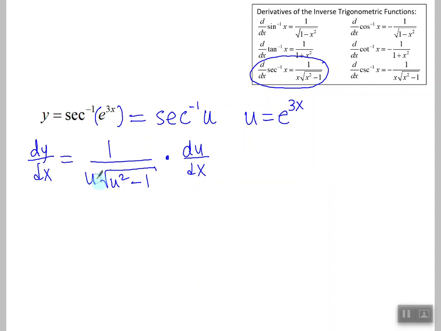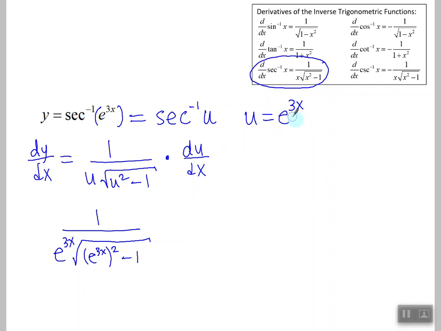Now let's try to substitute back what we have for u. 1 over u is e to the 3x, so this is e to the 3x, times the square root of u is squared, so that's e to the 3x squared, minus 1, times du dx.